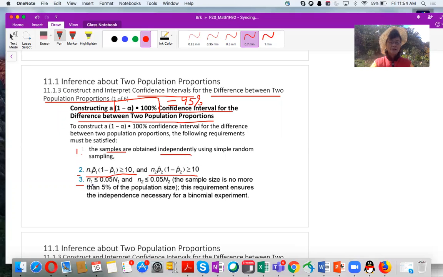Number three, sample 1 size n1 smaller than 5% of population 1 size, and sample 2 size n2 smaller than 5% of population 2 size. This requirement ensures the independence necessary for a binomial experiment.